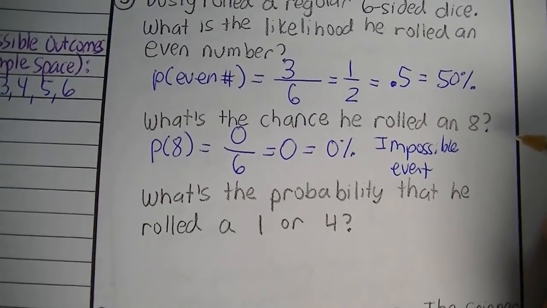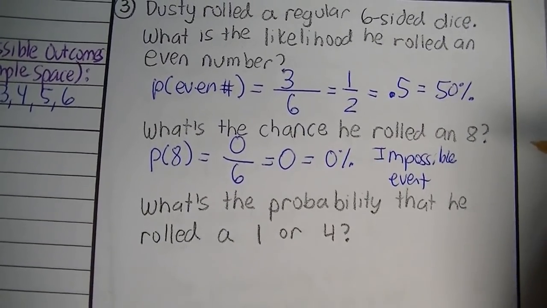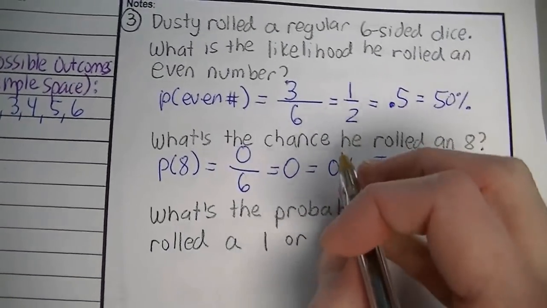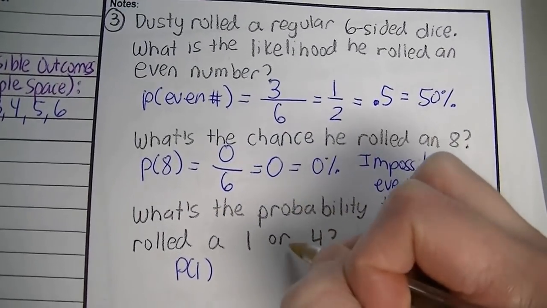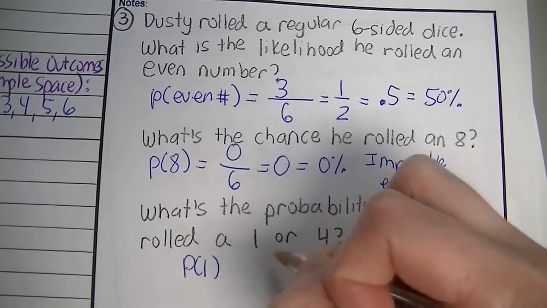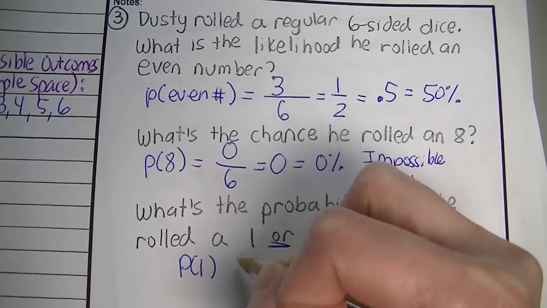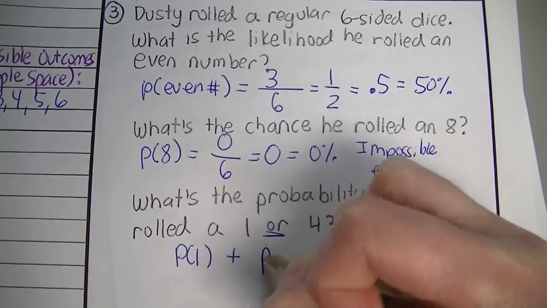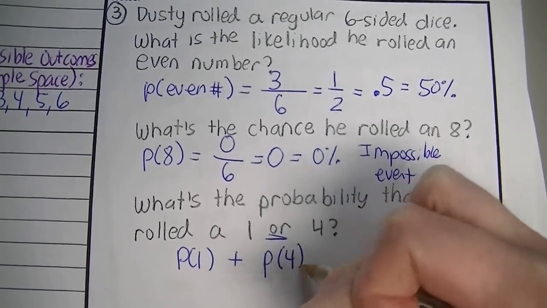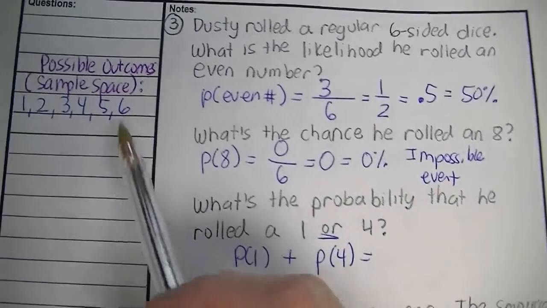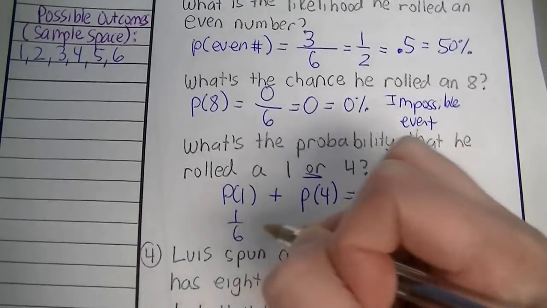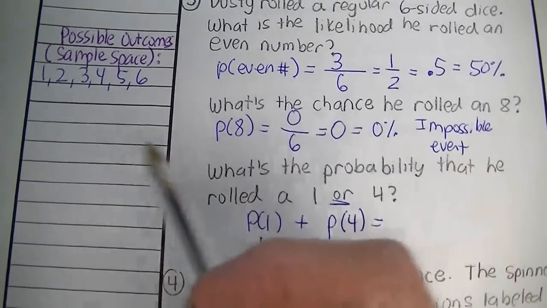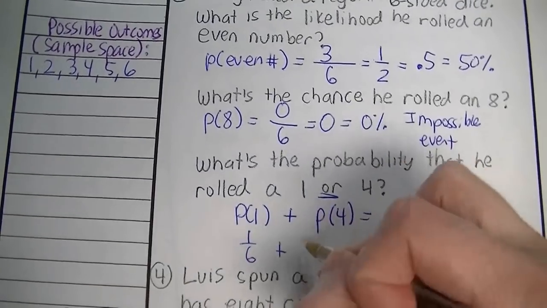Okay, what's the probability that he rolled a 1 or a 4? So we want the probability of rolling a 1 or a 4. Or typically means add in probability. The probability of rolling a 1 is 1 out of 6. I'm going to add that to the probability of rolling a 4, which was also 1 out of 6.